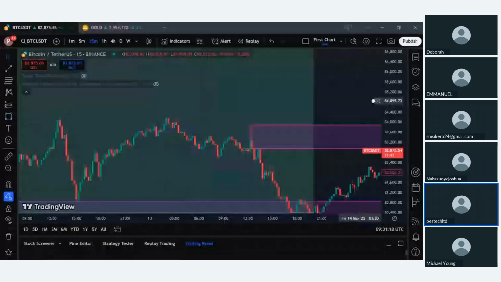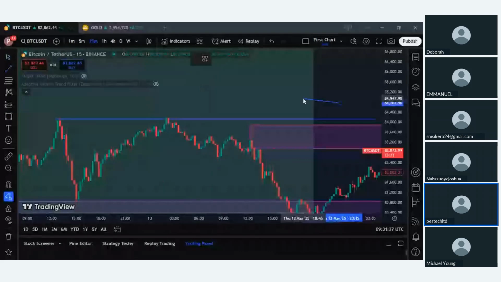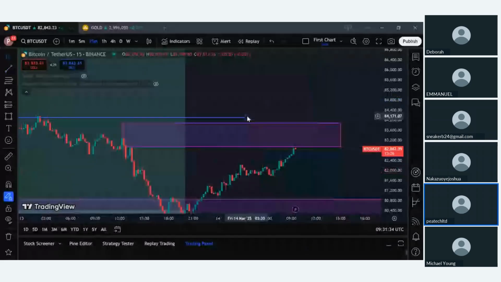But this zone has been a resistance zone in the market for a long time now. As you can see, this zone has been resisting the market from moving for quite some time. So in our 15 minutes time frame, we cannot take this entry.